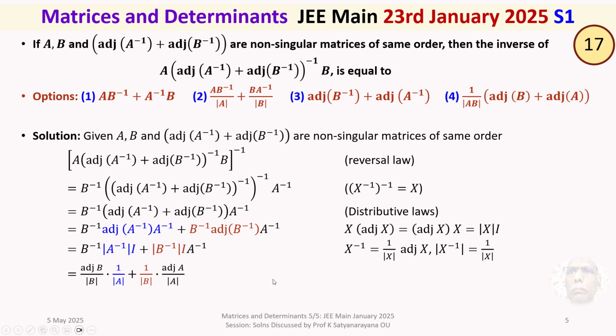And all are non-singular, no problems will come. Right? This is equal to determinant of A into determinant of B. Determinant of B into determinant of A is determinant of BA. Determinant of BA is same as determinant of AB. So this is 1 by determinant of A into determinant of B into, in brackets, adjoint of B plus adjoint of A. And 1 by determinant of A into determinant of B is 1 by determinant of AB.